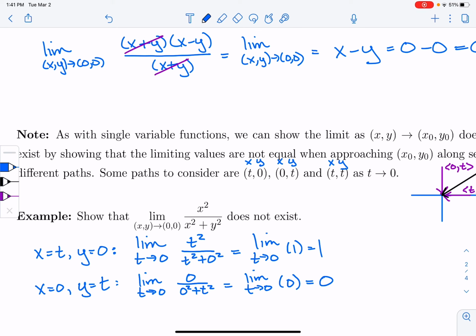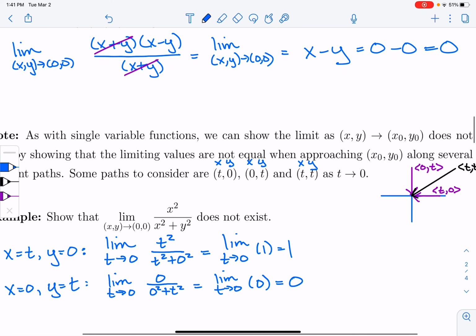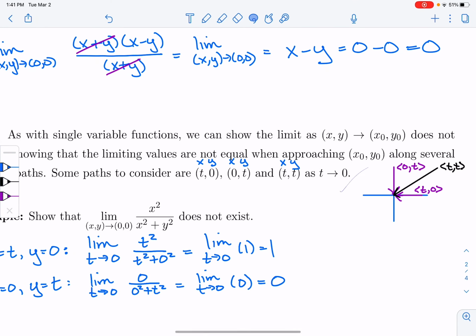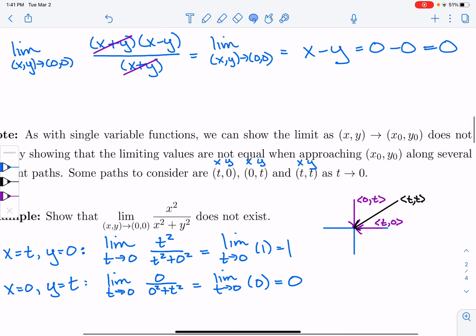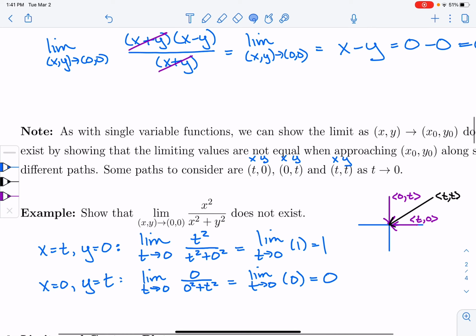So if we approach, okay, again, let me just move this. If we approach from the right, we get a limit of 1. But if we approach from above, we get a limit of 0.